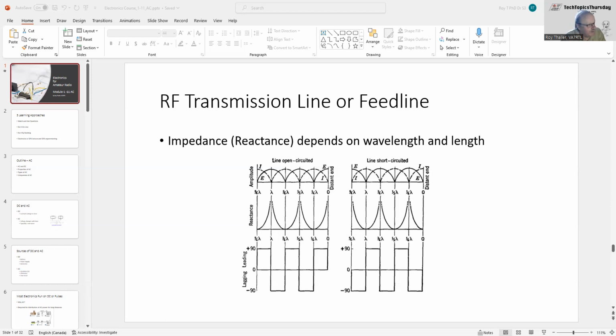But another interesting thing that happens is that if you happen to be on the resonant point of, let's say your antenna, you're operating 10 meters. So your lambda is 10 meters. So if your feed line happens to be 5 meters, or 1/4 of that, or 3/4 of that, then you can get strange things happening. So in this case here, if your line is open, then depending where you are, it can actually look like a short.